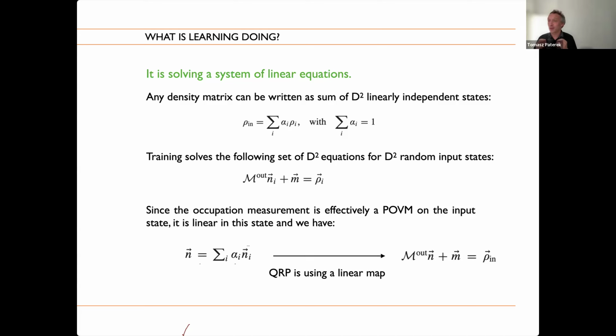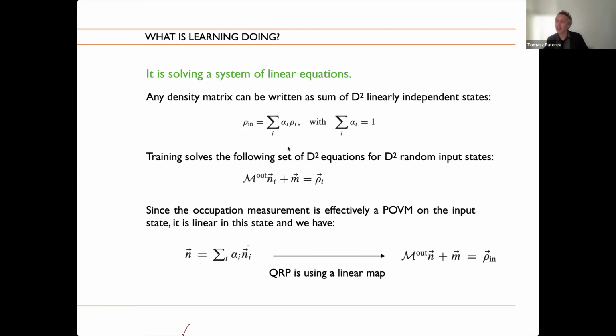You can choose those states at random, perfectly fine, because if you choose d-squared states at random, it's very unlikely that you will find them dependent. Random stuff is usually all over the place, so they will be independent. So at the end of the day, this is our input, and we let it through the reservoir.